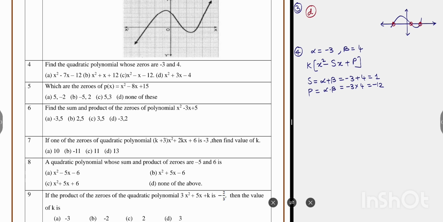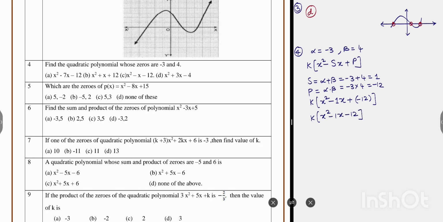Now these two should be substituted in the formula, then we get k into x square, sum of zeros is 1, so minus 1x, plus product of zeros, which is minus 12, so minus 12. Now it is k into x square minus 1x minus 12.